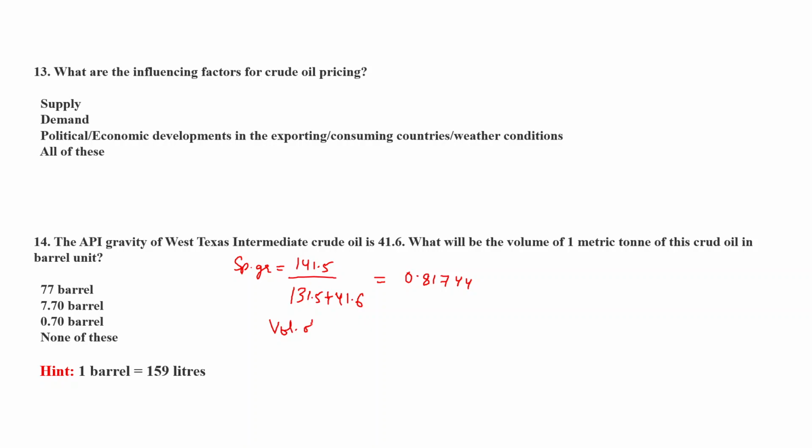Now for the volume of 1 kg oil, by the specific gravity we can calculate, as the specific gravity is given above. So it is basically the density. Density equals mass upon volume, so volume will be mass upon density. So mass is 1 kg.